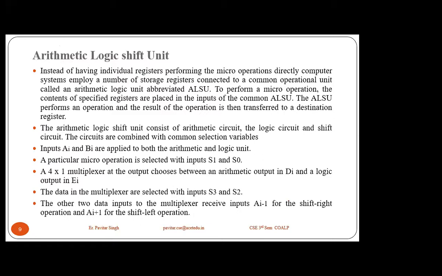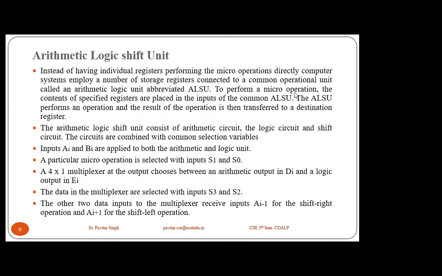So instead of having individual registers performing the micro operations directly, computer systems employ a number of storage registers connected to a common operational unit called an arithmetic logic unit, abbreviated as ALSU.